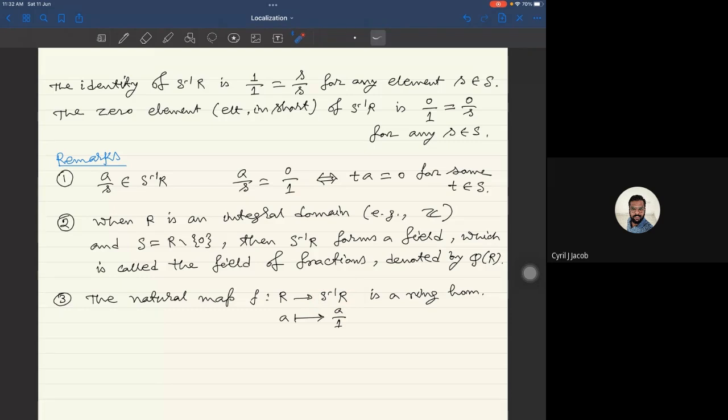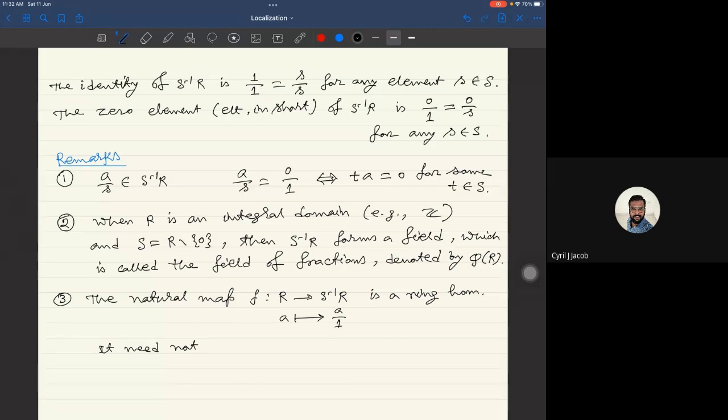Now one may ask whether this ring homomorphism is injective or not. In general, is it injective?